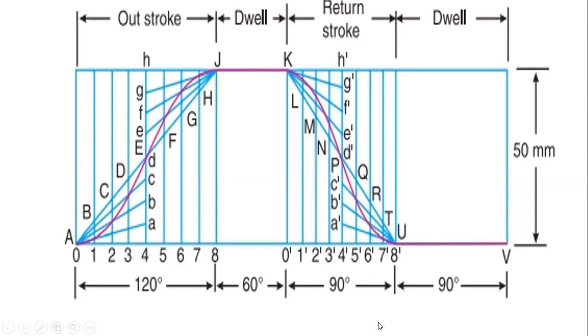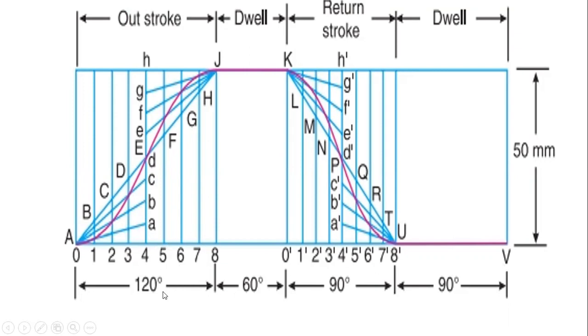By these two elements, we have to draw a rectangle, and in that rectangle of 360 degrees, we have to divide four sections: outstroke, dwell, return stroke, and dwell. In the problem, the outstroke angle is 120 degrees.